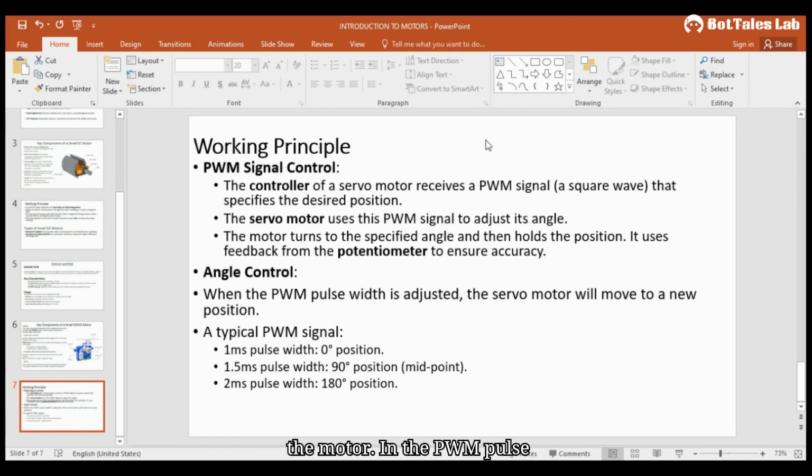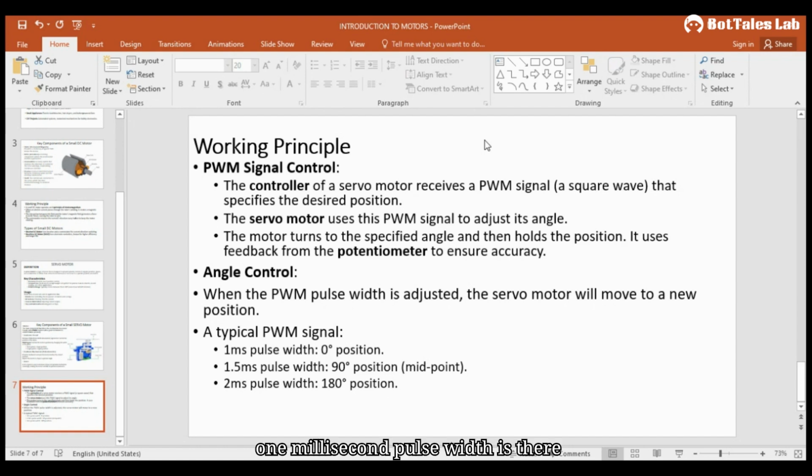When the PWM pulse width is modulated, the servo motor will move to a new position, and according to the feedback mechanism and your PWM signal, your motor will rotate in whatever angle or direction is specified in your code. And it will rotate 0 degree.